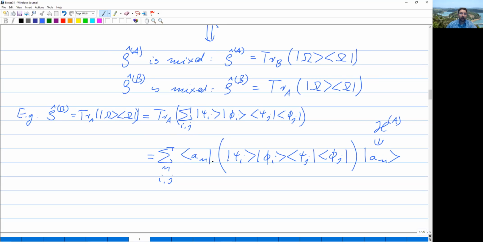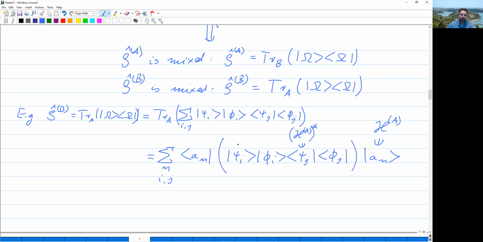Right, now how does this evaluate? Remember that this vector here is an element of the dual, because it's a bra vector, it's an element of the dual of the Hilbert space of system A. So H_A star, right? It's the dual of that space.